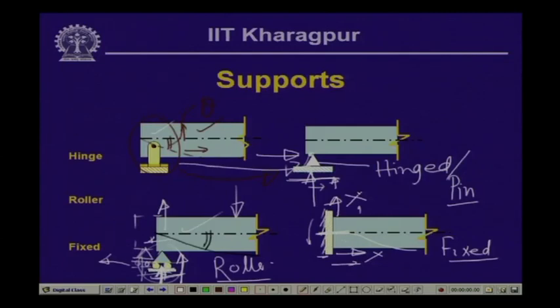So, hinge support has two reactive forces, one vertical and one horizontal, because it is not allowed to move in these two directions. In case of a roller support, since it is allowed to move in the horizontal direction, there will be a vertical reactive force only, and for a fixed support we will have three reactive forces: the vertical reactive force, the horizontal reactive force and a moment at that particular point. So, these are the different kinds of supporting arrangements that we have.